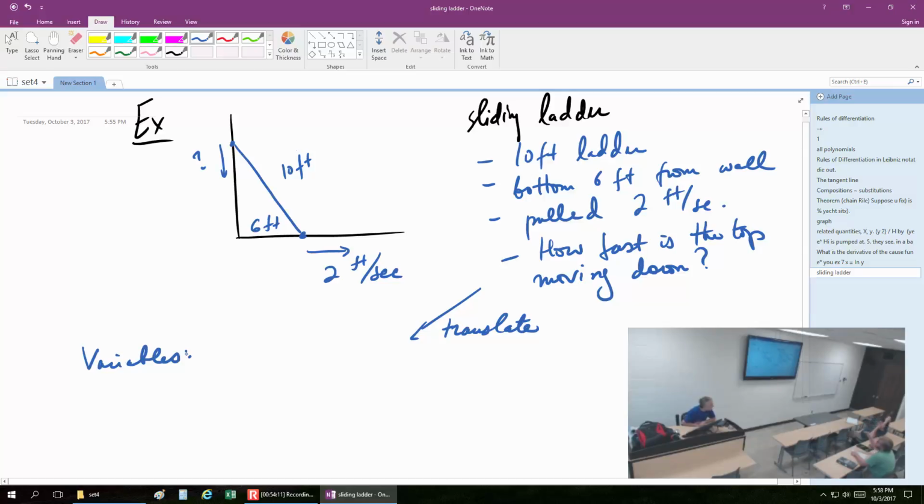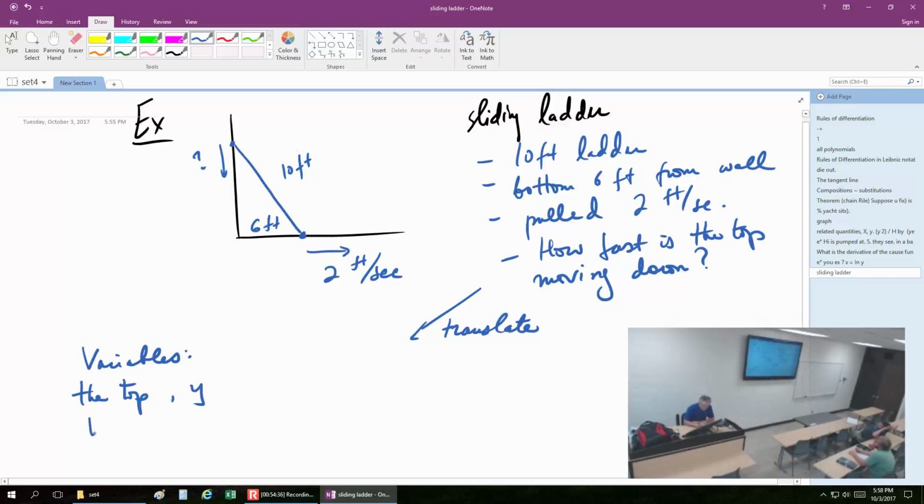No, the height of the top. The location of the top. How about we call it y? More variables? The rate at which it's pulled? It is fixed, so it's not a variable.